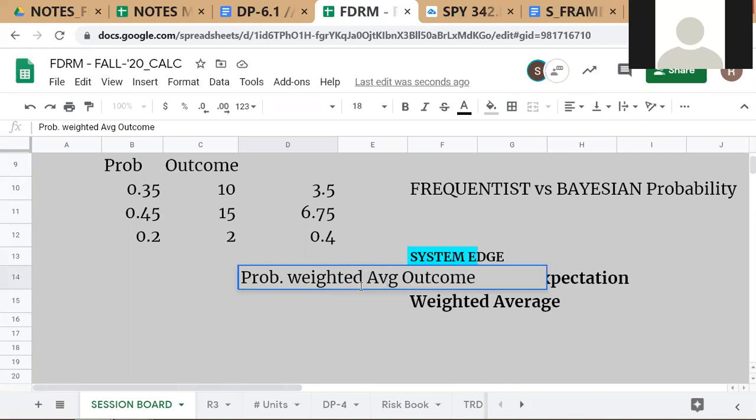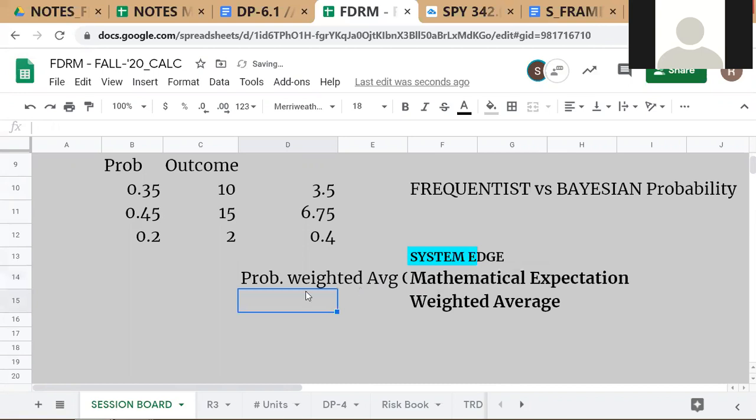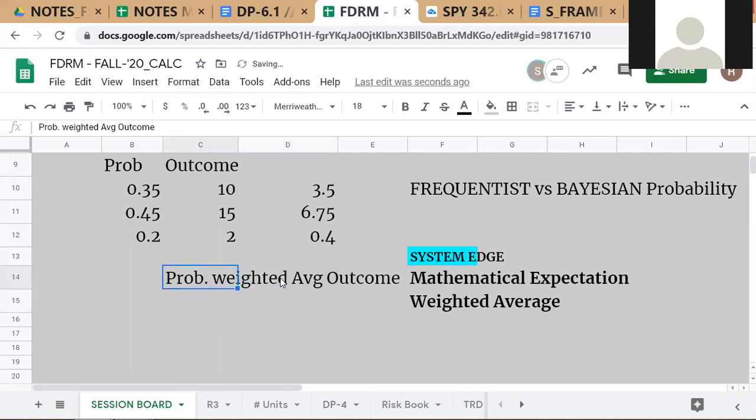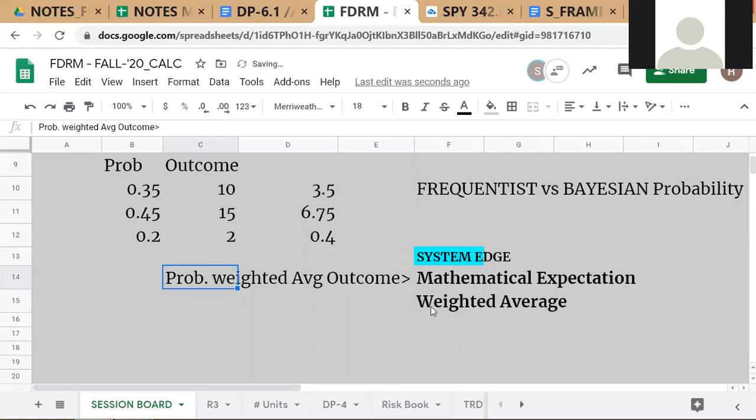So the right way to think about mathematical expectation is as a probability weighted average outcome. We can put it here. This is the right way to think about it. So in fact, mathematical expectation is also just a weighted average, so there's nothing new happening here. You all know weighted average from your school maths classes.